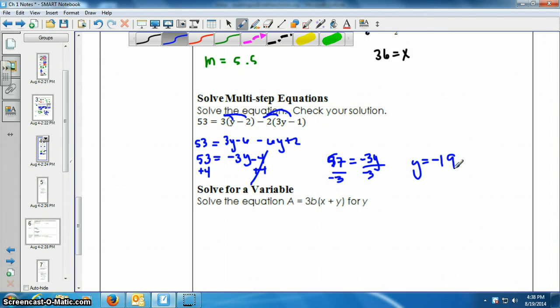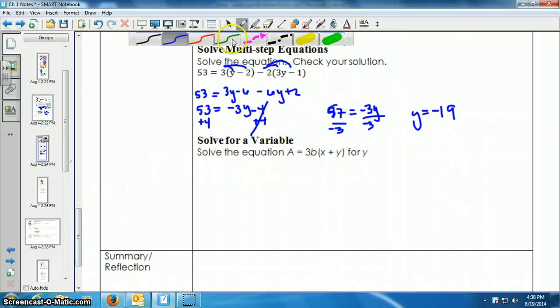All right, so on the next one, we are going to solve for y. So we're going to get everything away from the y. So first step is to get rid of this multiplication. We don't want to distribute, that's going to make more of a mess. So let's get rid of that 3b that's being multiplied by dividing.